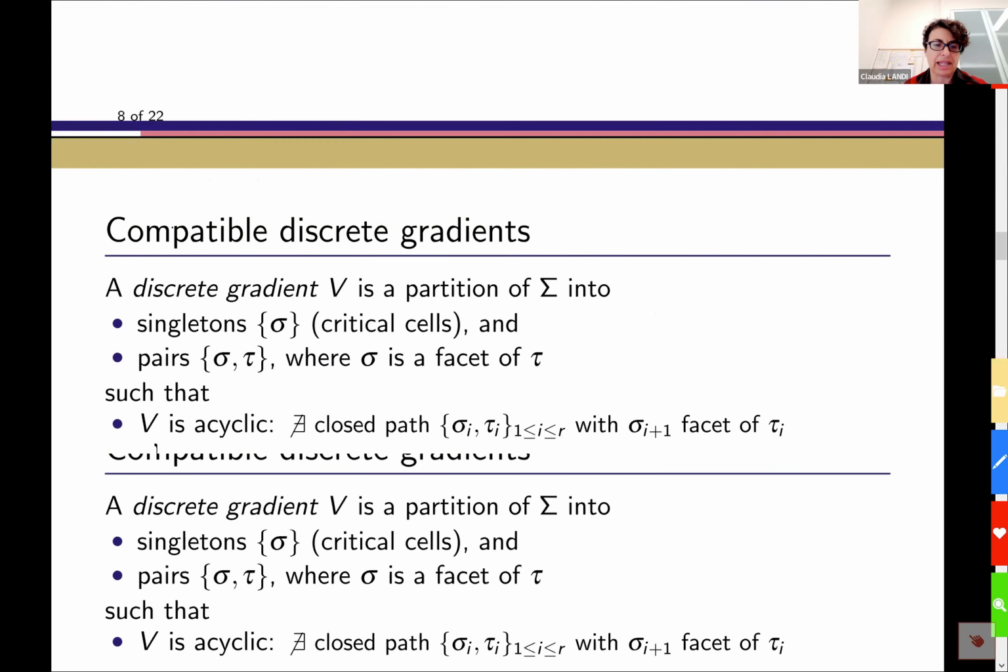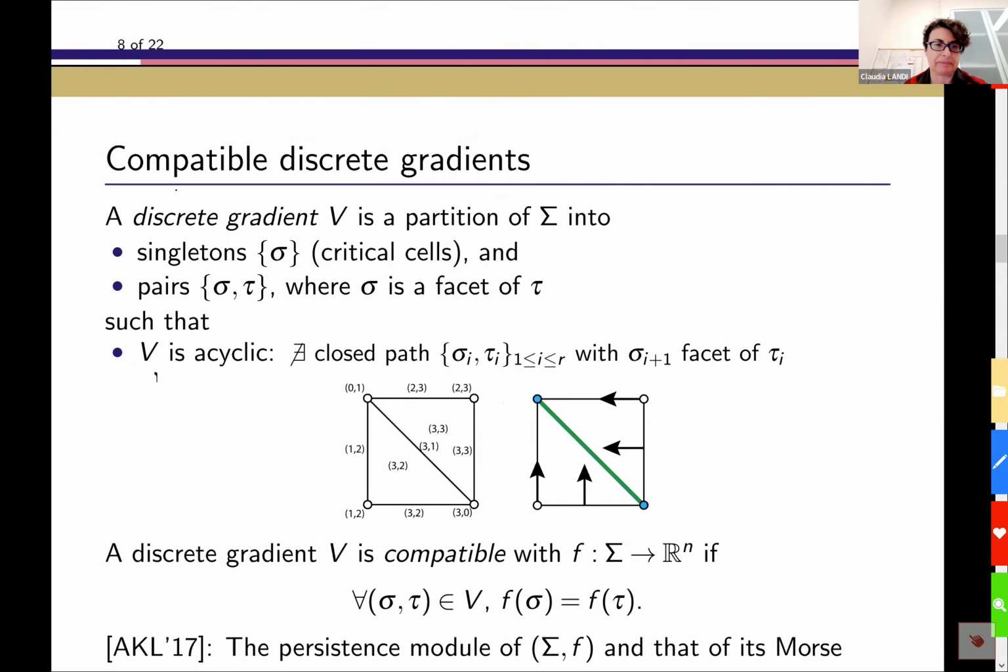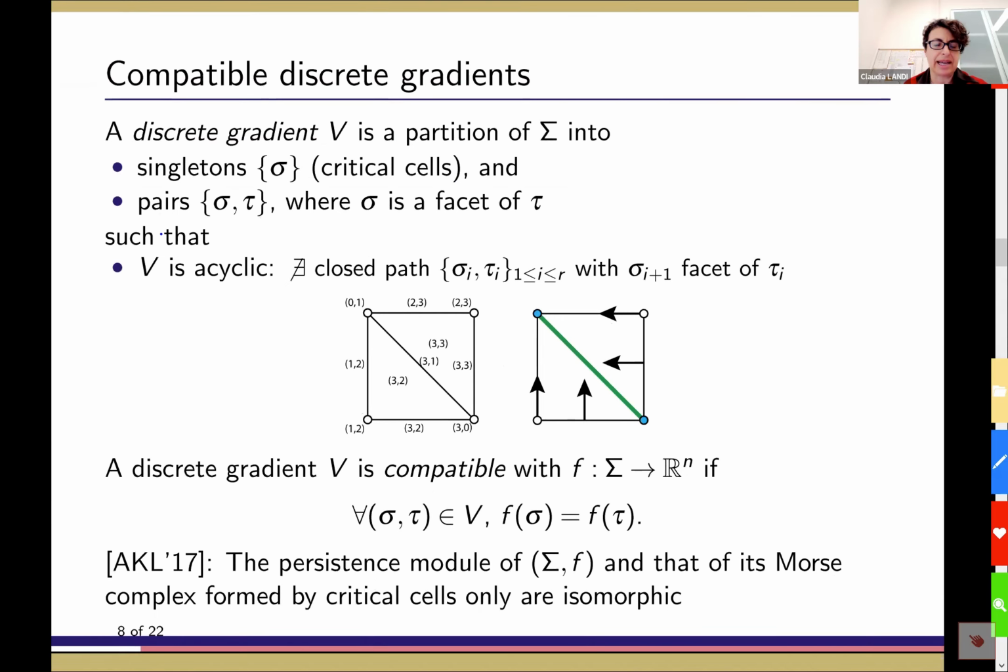It means that whenever the gradient pairs two simplices, then the function must have the same value on those two simplices. This guarantees that all arrows remain inside the same sub-level set complex.